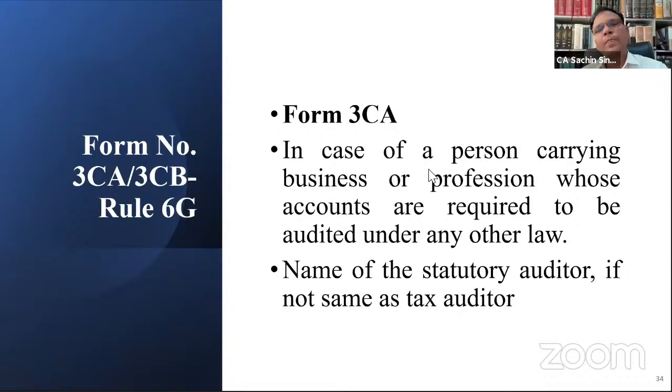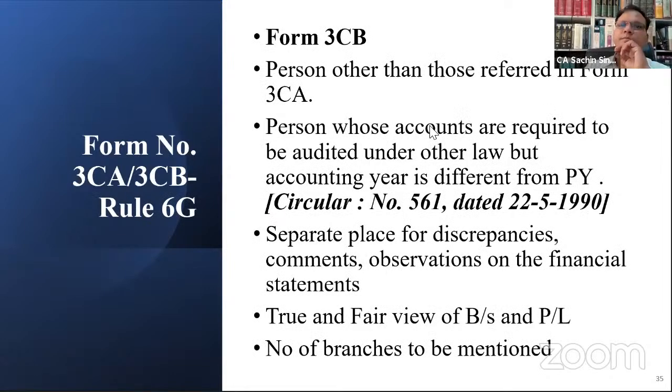In this case, even though the accounts are required to be audited in the previous year by the auditor, still we will choose 3CB in place of 3CA because the accounting period is different. The same is given in notification number 561 dated 22nd May 1990.